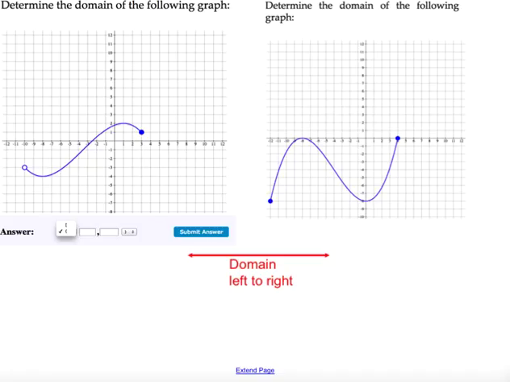If you notice the two graphs, this graph here has an open circle, and then all the other circles are closed circles. Every point along the graph is a closed circle except for this one here, that is an open circle. Okay, so what we're going to do is figure out, in both of these cases, the domain of the graph.